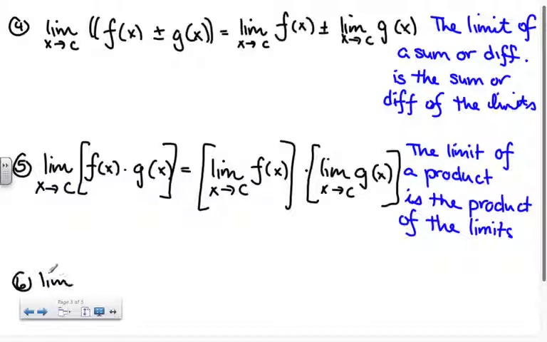The limit of a quotient is the quotient of the limits, provided that g of x is not 0.